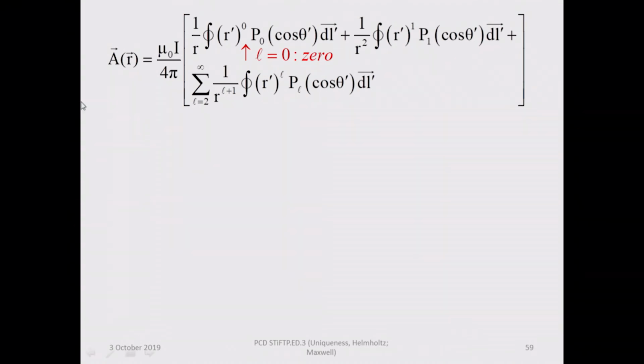So, look at the vector potential. Now, the first term is r prime to the power 0, which is 1, P0 cos theta is 1, and you are simply carrying out a closed loop sum of dl prime. So, you are taking segments and adding them to each other till you go to 0.